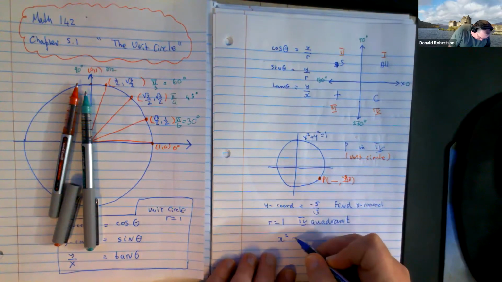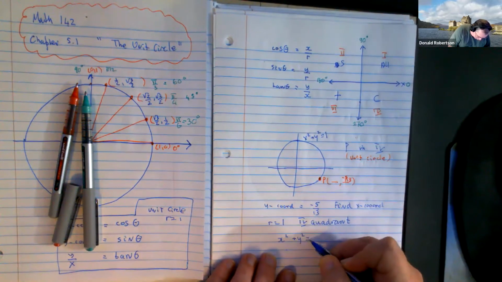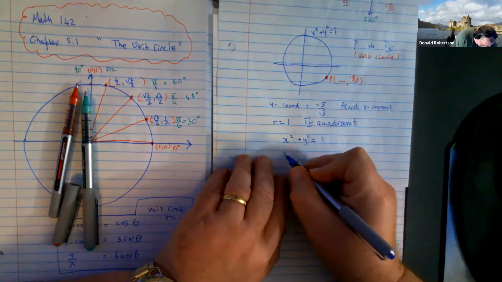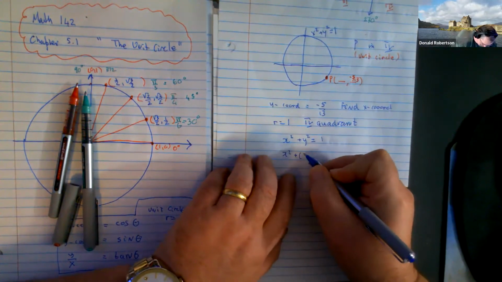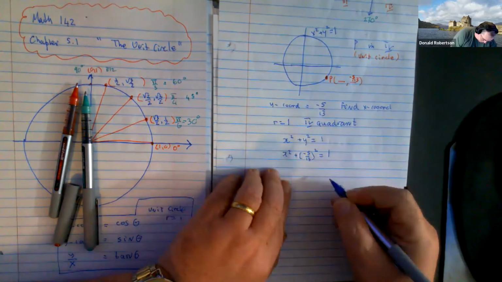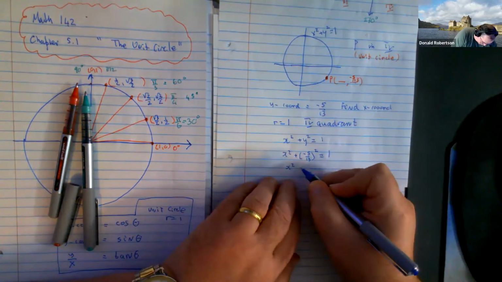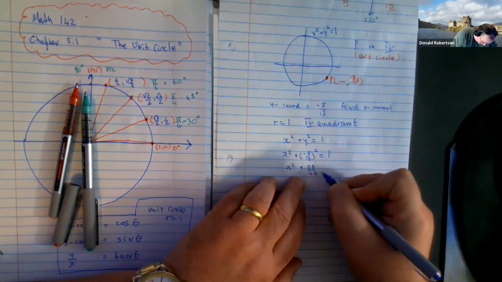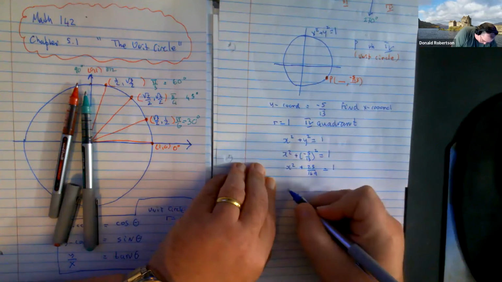Well, x squared plus y squared equals 1. x squared plus (-5/13) squared equals 1. x squared plus 25 over 169 equals 1.